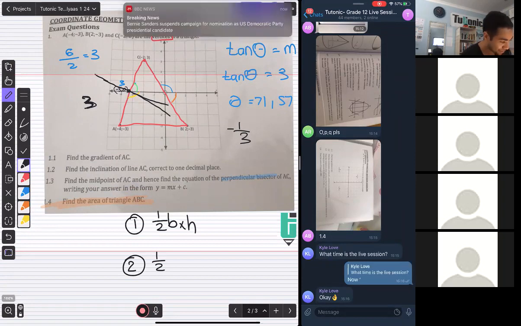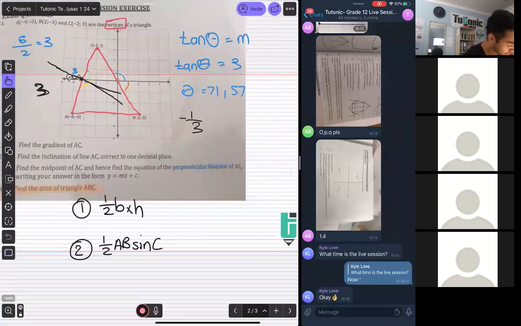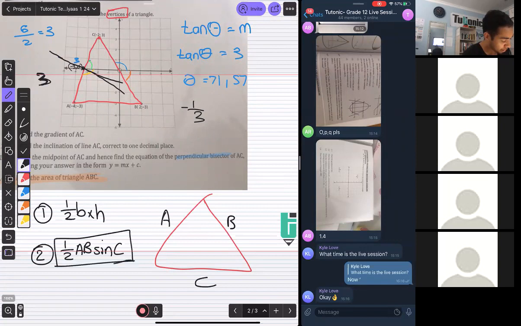Okay, so it's going to be, oh goodness, half AB times sine C. Right. Now, what does this mean? I think I explained it in the last class. Basically, if I give you this triangle and I call the sides A, B, and C, then to work out the area I take half of A and B times sine of angle C. What's angle C?